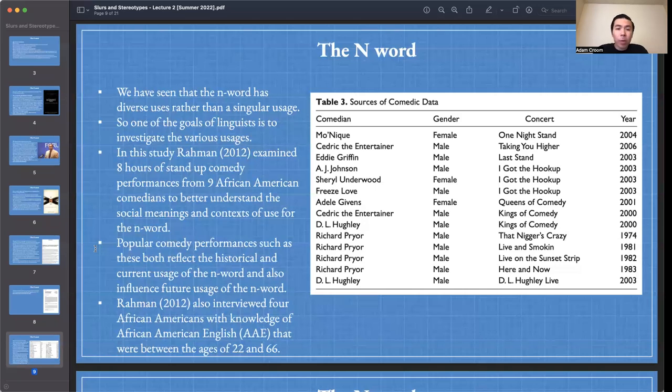Popular comedy performances such as these both reflect the historical and current usage of the N-word and also influence future usage of it.